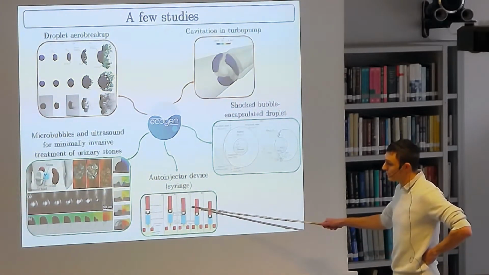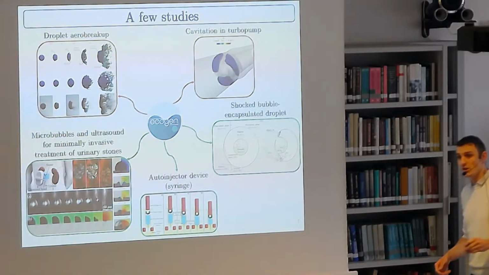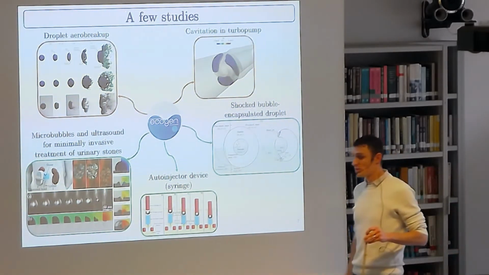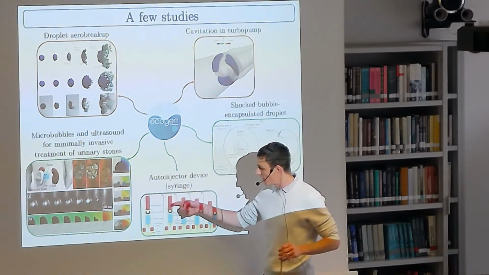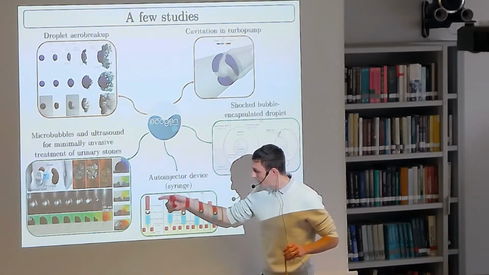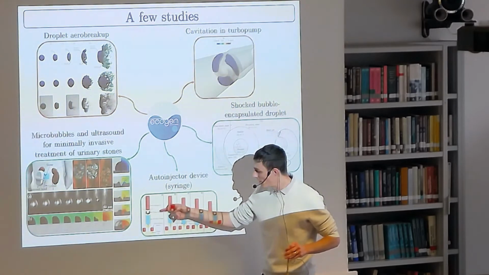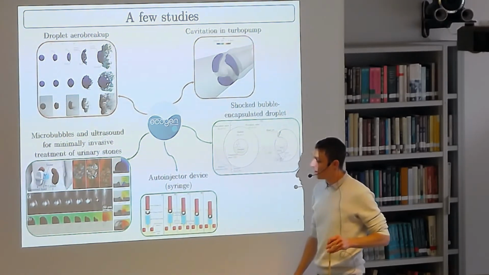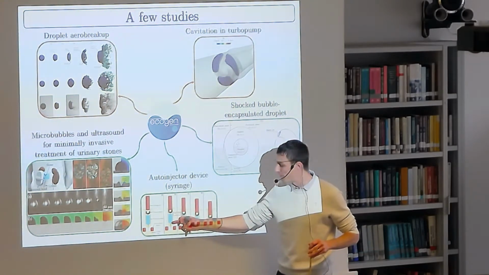It's an auto-injector device. So if you have some allergies, you have some device that you can push directly into the body to give the medicine. And when you do this impulse, you have a plunger here with a rod that will push the plunger, and this plunger will send a big compression wave through the syringe.